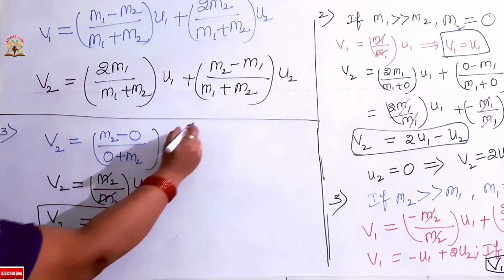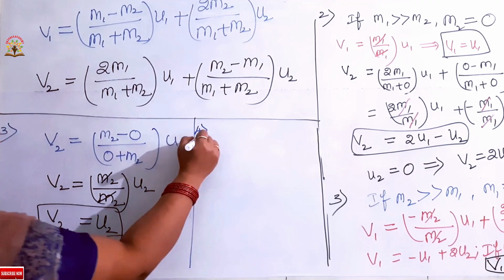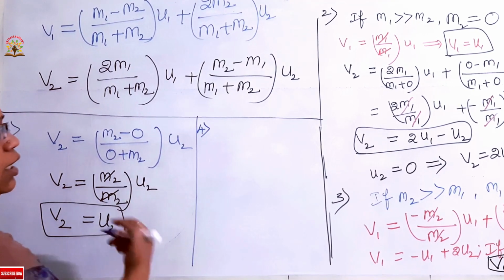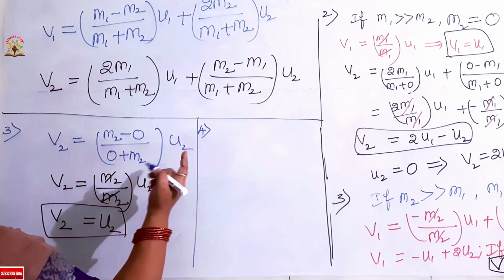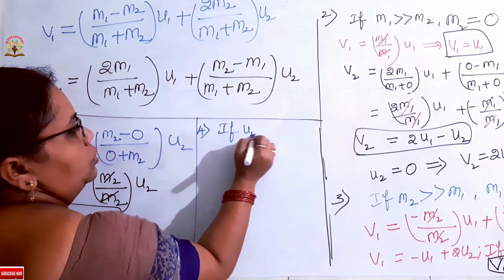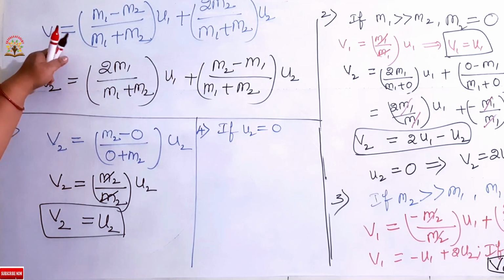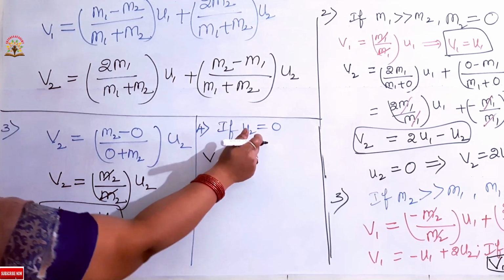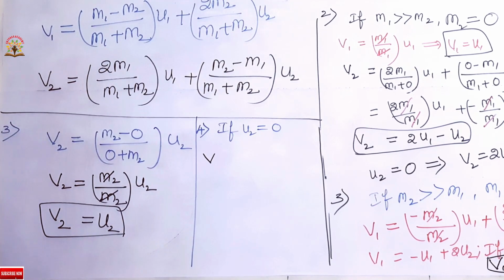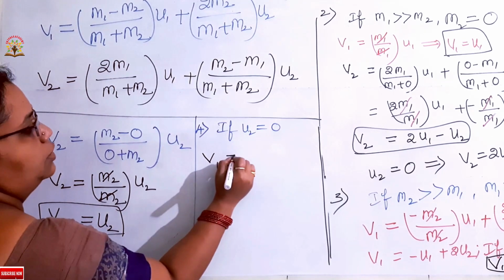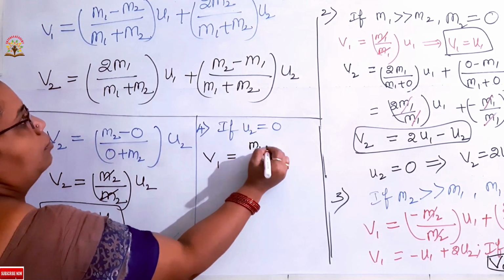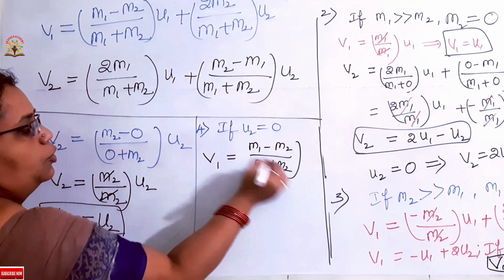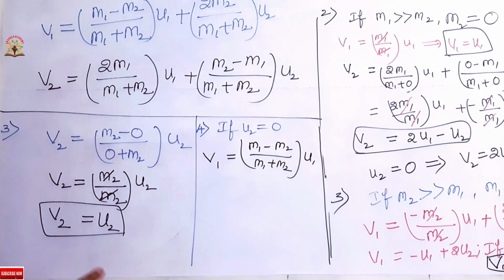The last case is here, the fourth case. Here, if u2 is equal to 0, then what is V1 and what is V2? We are calculating now. u2 is equal to 0 means the entire term is 0. Now what is V1? V1 is equal to m1 minus m2 by m1 plus m2 of u1.